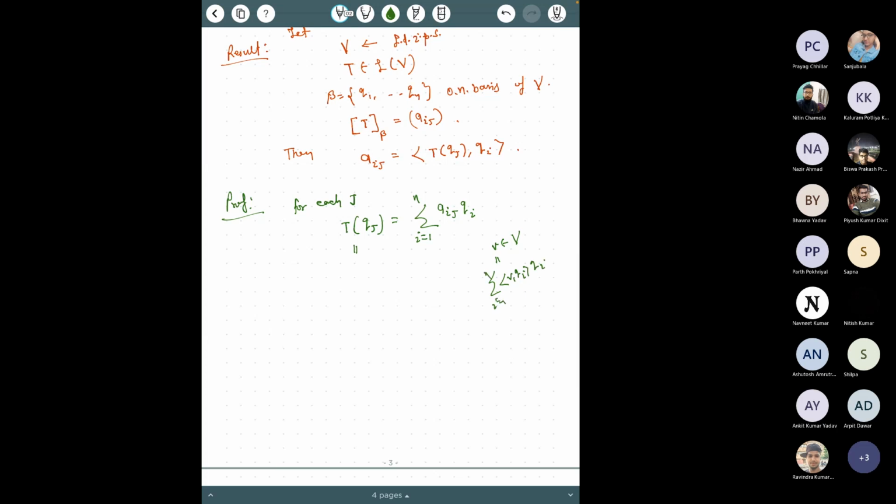Here I will apply this for T of Qj because this is also a vector in V. So this is just summation of the inner product of T of Qj with Qi, times Qi, where i is running from 1 to n. But if this is the case, then can I say that this implies Aij is equal to the inner product of T of Qj with Qi for all i, j? Is it true?